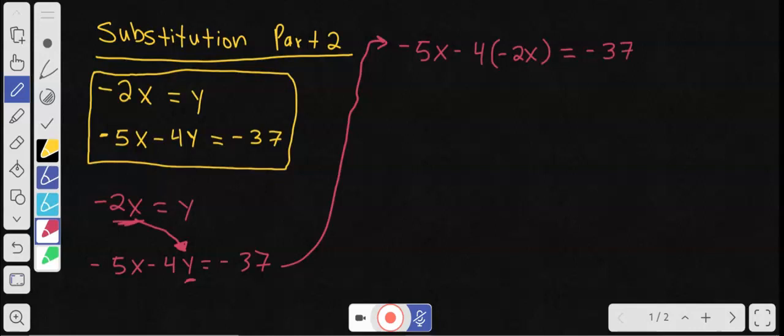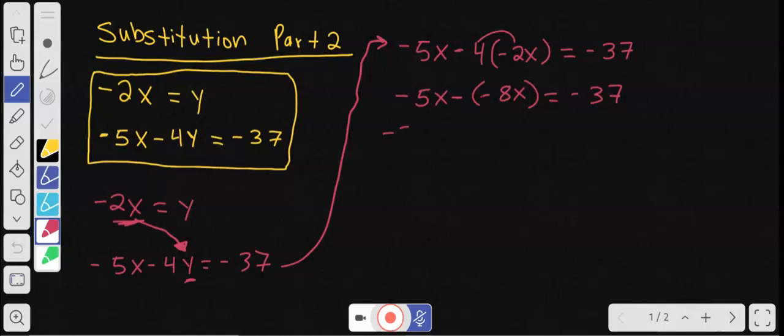So then I have negative 5x minus, and I'm going to have to distribute. With the sign here, it'll be negative 5x minus, for now, negative 8x in parentheses, equals negative 37. Okay, so far so good. Now the next thing I do is this negative sign has to be distributed as well.